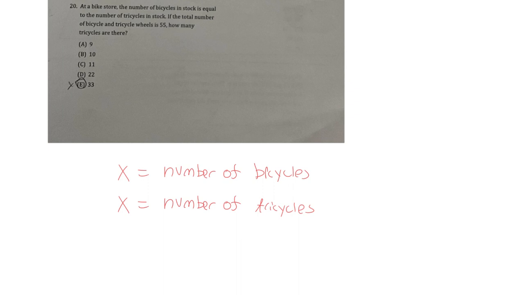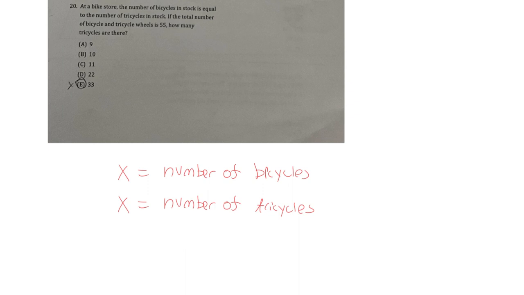Now, they also say that the total number of bicycle and tricycle wheels is 55. So how many tricycles are there? Well, of course, we know there are X numbers of tricycles. So we have to find a way to solve for X to figure out what X is.